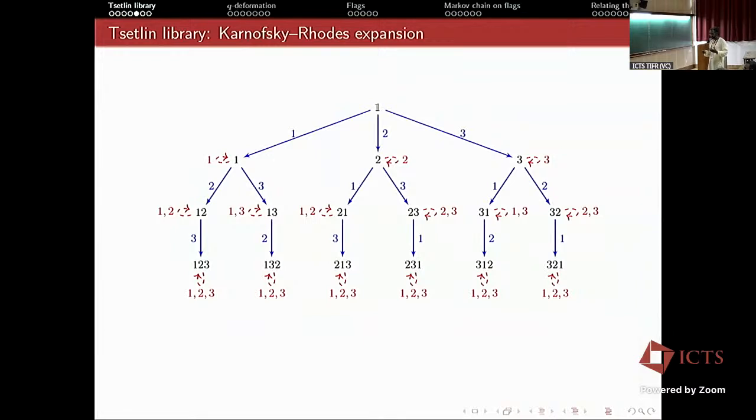This helps us because in the theory of semigroups, there's something called a Karnofsky-Rhodes expansion. What you do is you start with the empty word. Now, we are going to multiply by these generators 1, 2, up to n, in this case 3. Each time you multiply by something that's not already there in your word, you go down, you descend.